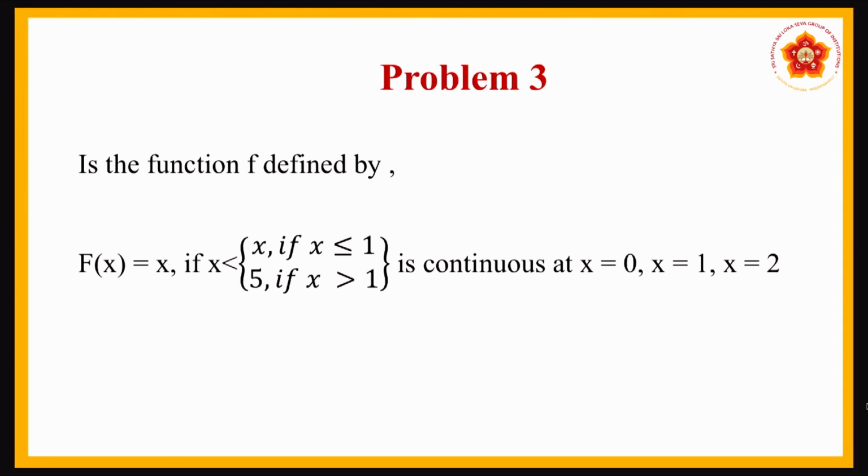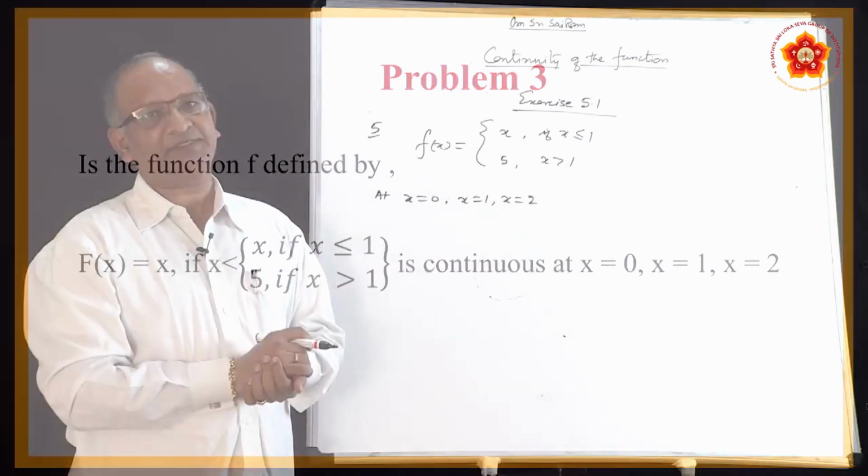He is asking, is the function continuous at x equal to 0, x equal to 1 and x equal to 2. He is asking at all these points whether the given function is continuous or not.